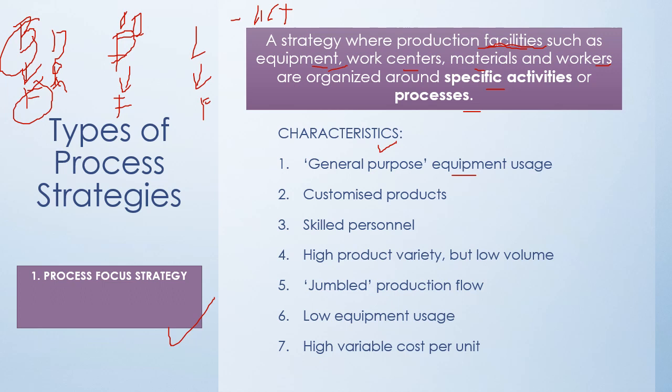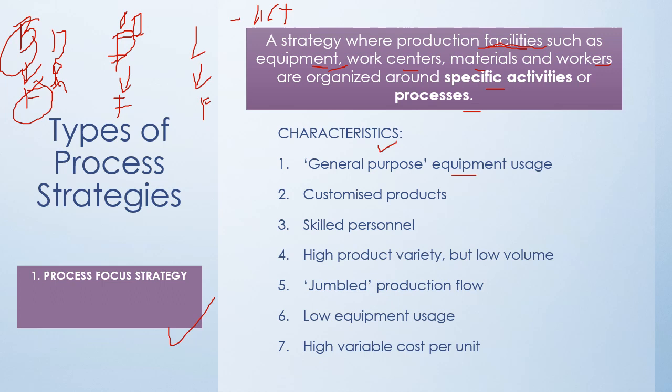A printing machine, for example, can be used to print magazines, pamphlets, newsletters, reports, and everything. So a printing machine is called as a general purpose equipment, where the general purpose or the general function of a printing machine is just to print. And it can be used to print so many items, so many types of printed documents, such as magazines and all.